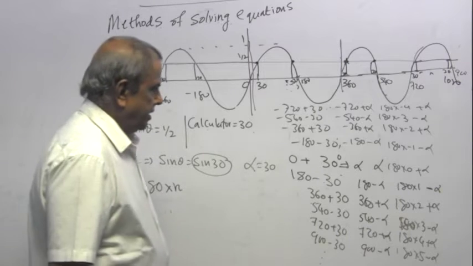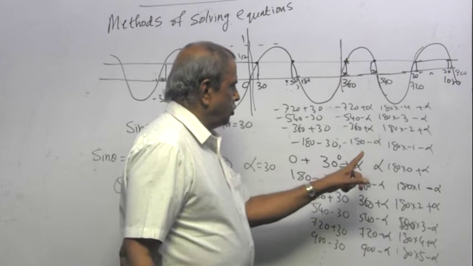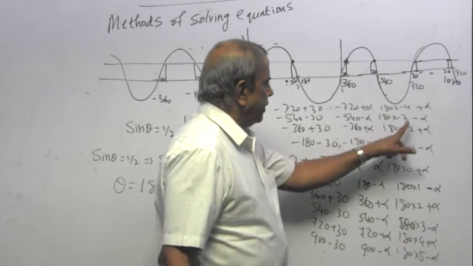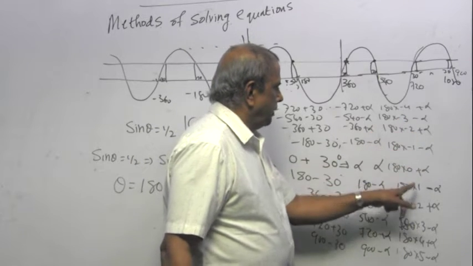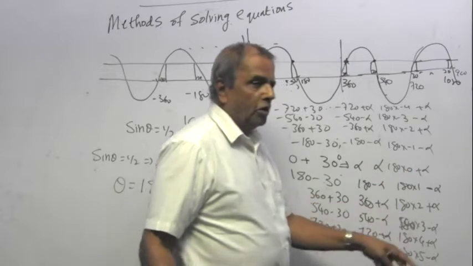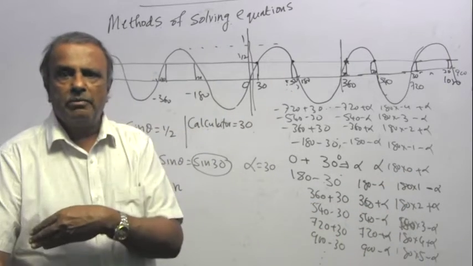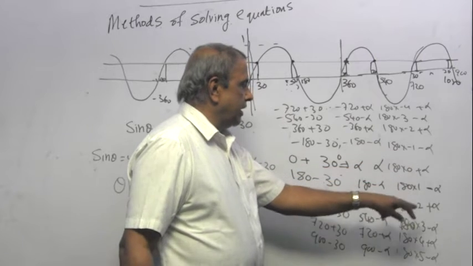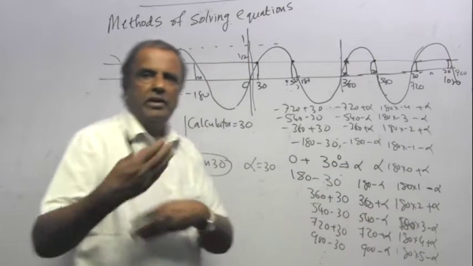But when you use n as an even number, like minus 4, minus 2, 0, 2, 4, it's all positive. When it is odd, minus 3, minus 1, 1, 3, 5, it's all negative.